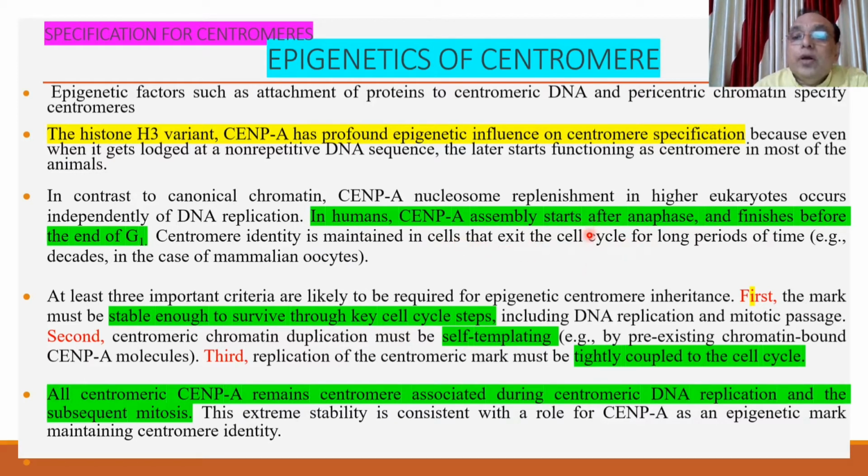So the oocyte development in the human female begins even while the embryo is inside the womb of the mother, and it remains arrested at a stage which is called the dictyate stage.